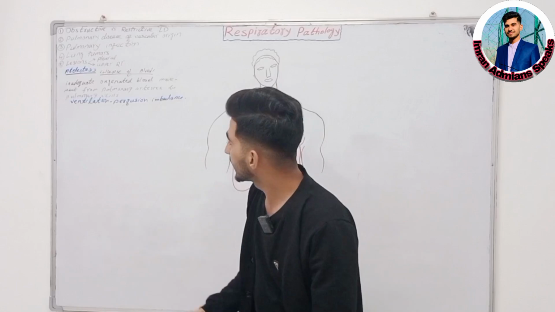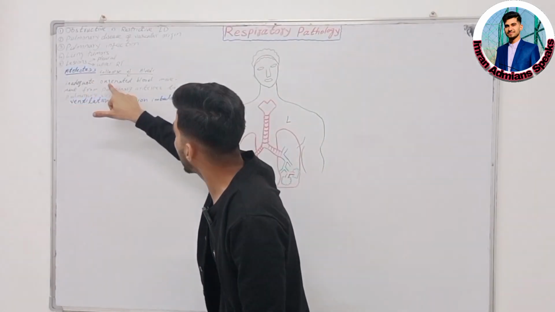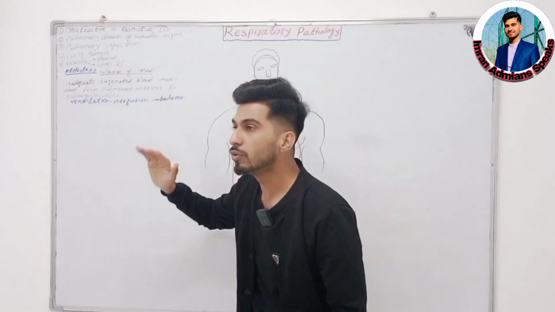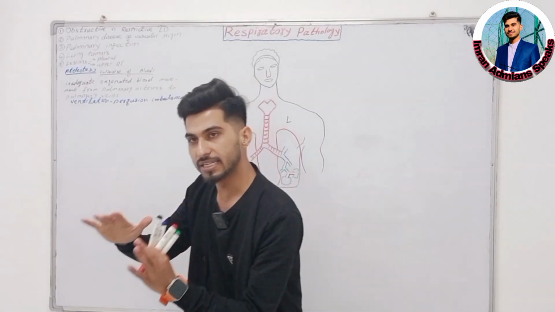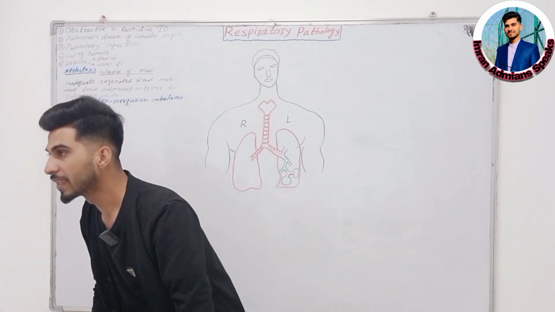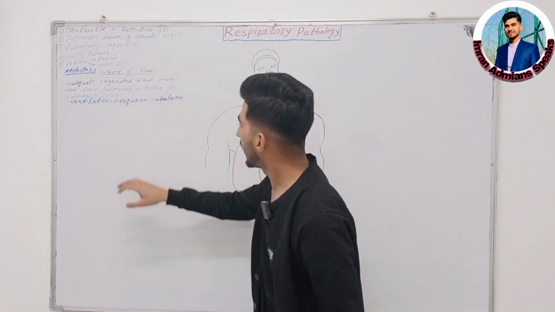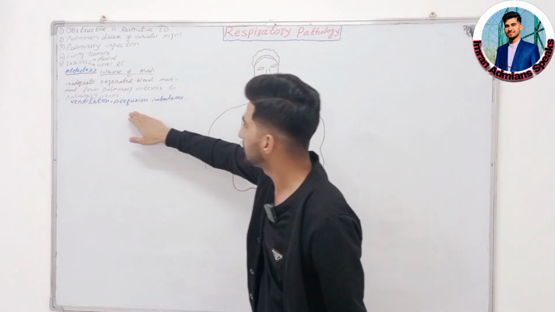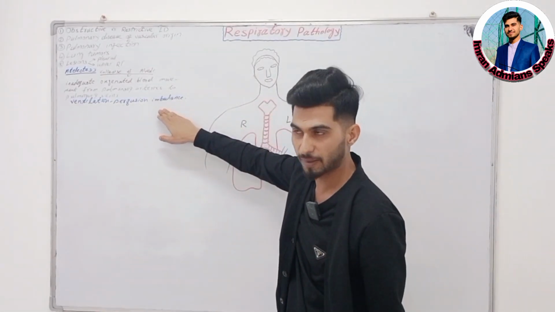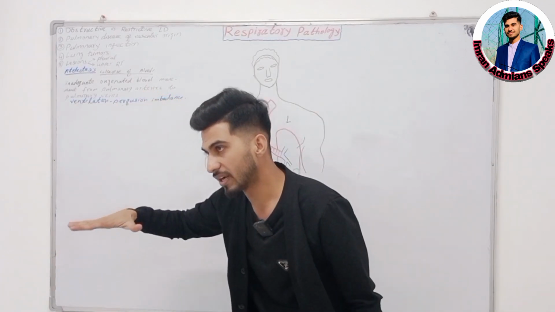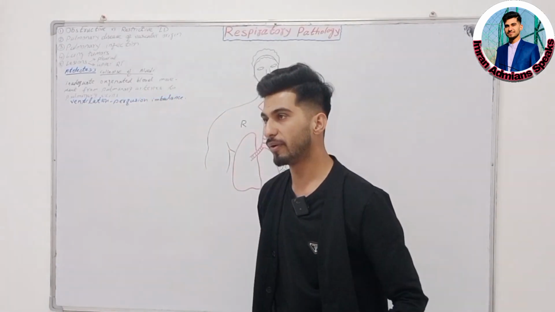But here I am saying that there is inadequate oxygenated blood, meaning the blood which is moving from the pulmonary arteries into the pulmonary vein contains less oxygen. Why less oxygen? Due to the collapse of the lungs, and this condition is known as ventilation perfusion imbalance. Okay, because the lungs contain less surface area for the gaseous exchange.